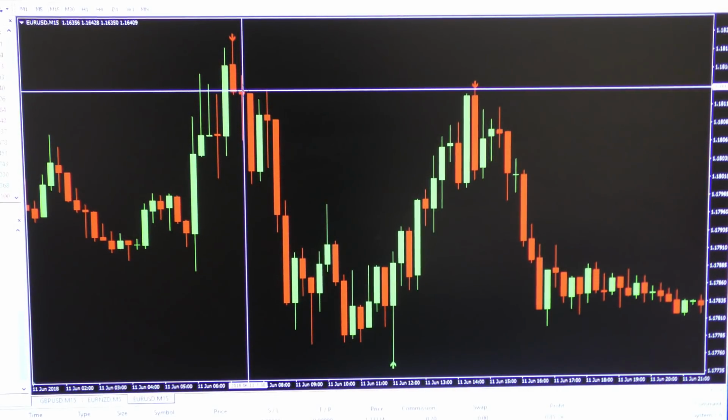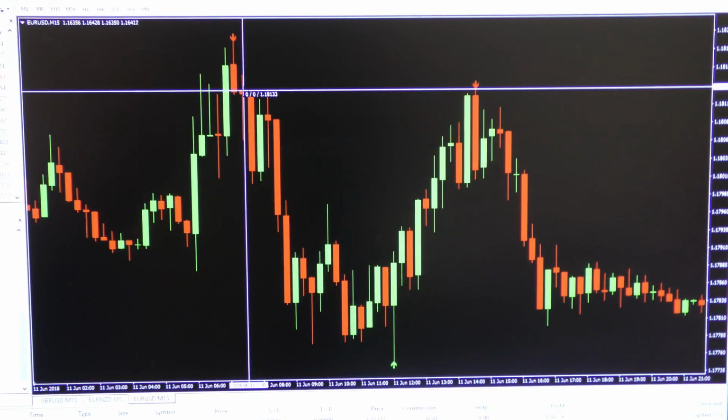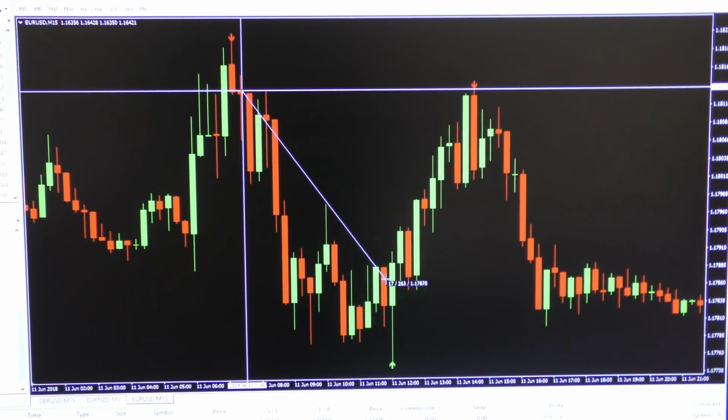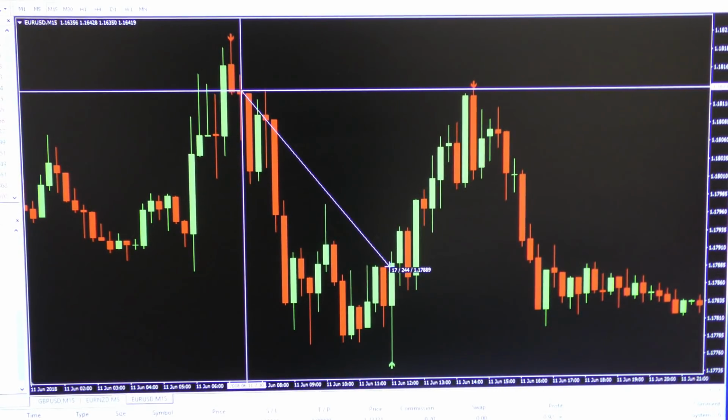So you enter the market at 1.18133 and then you exit when you see the other arrow appear. So the other arrow will appear here. So what you do, you wait until this arrow closes and the new arrow opens.